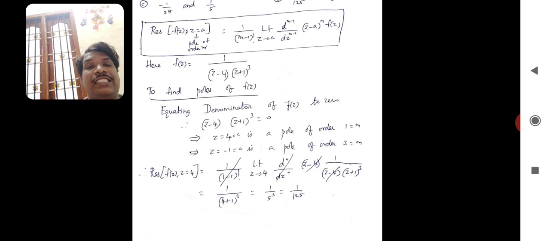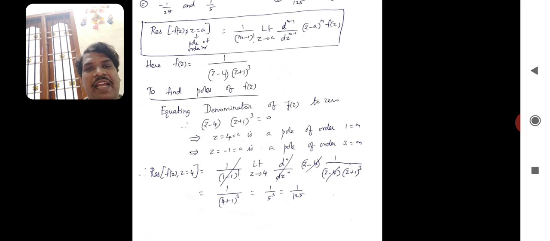Now we can simplify the factor. z minus 4 and z minus 4 get canceled, and we know that 0 factorial is 1 and d power 0 by dz power 0 is nothing but 1. So we are left with limit z approaches 4, 1 by (z plus 1) whole power 3.